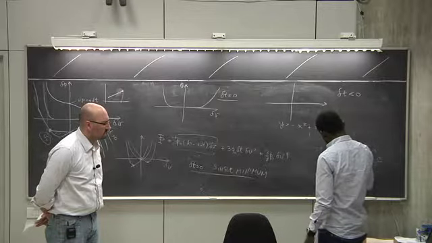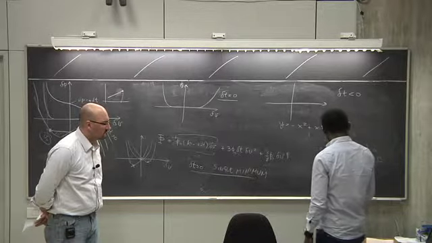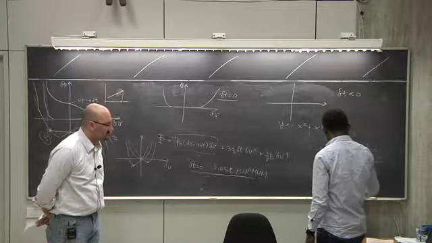So I have points x equals 0 and x equals plus or minus 1 over the square root of 2.